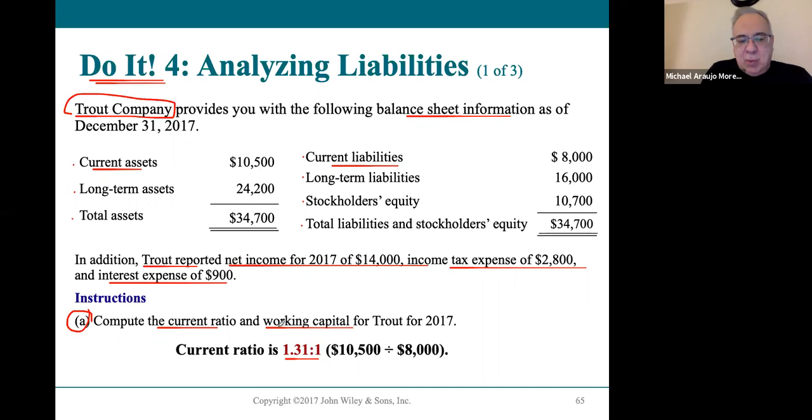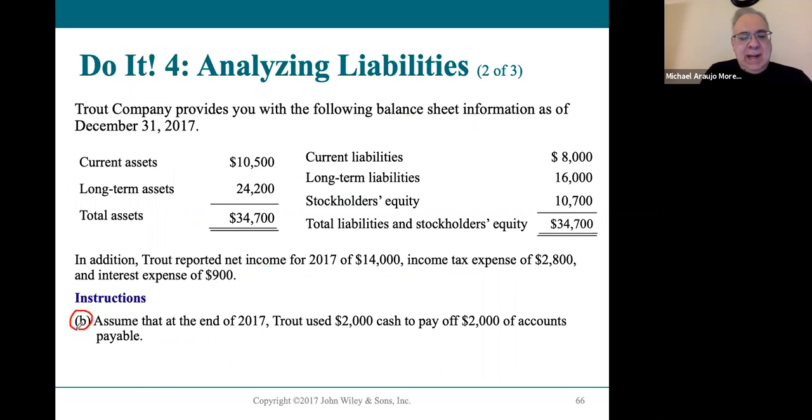They also bring up working capital here. So working capital, again, going way back to chapter 2, is simply the difference between these two. It's current assets minus current liabilities. And so the working capital for this is $2,500. Current assets minus current liabilities is working capital.